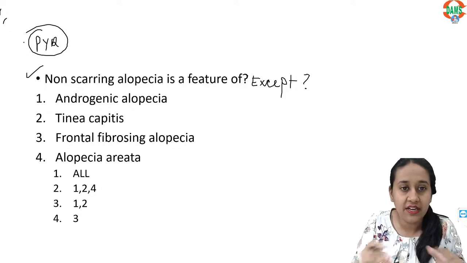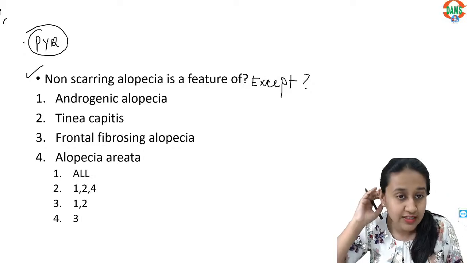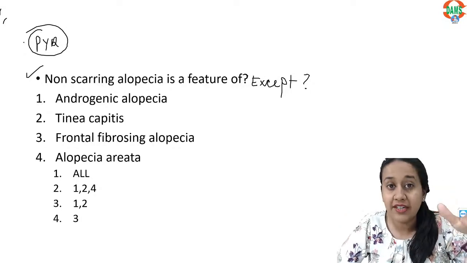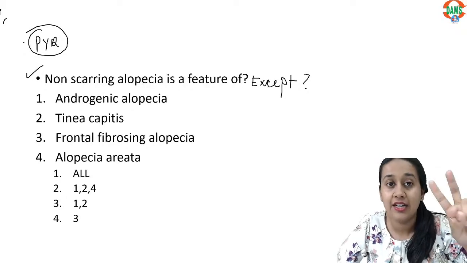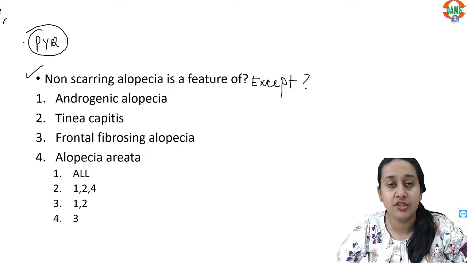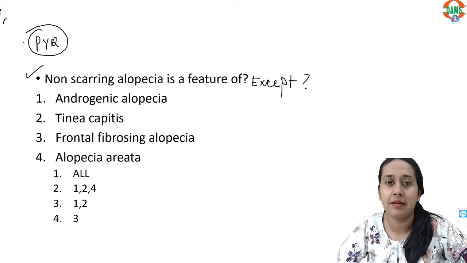Please remember, we have divided alopecias into two groups. One is scarring and another is non-scarring alopecias. We have divided non-scarring into 3 A's and 3 T's: alopecia areata, androgenic alopecia and anagen effluvium. And 3 T's: trichotillomania, telogen effluvium and non-inflammatory tinea capitis.